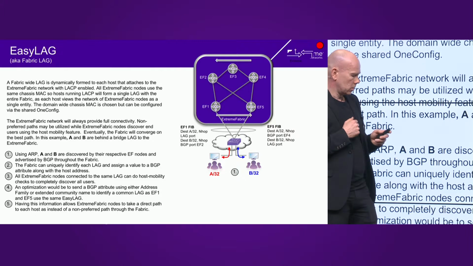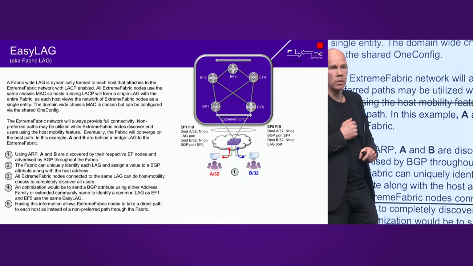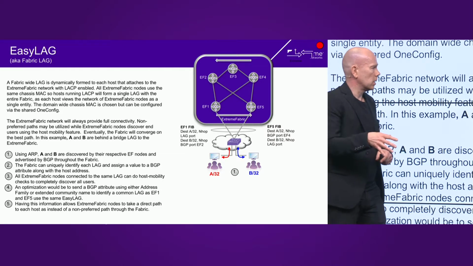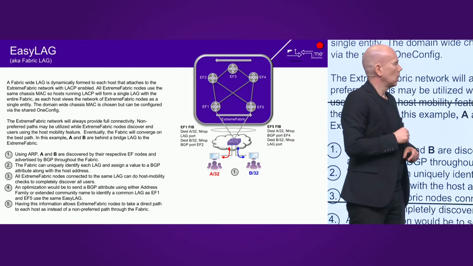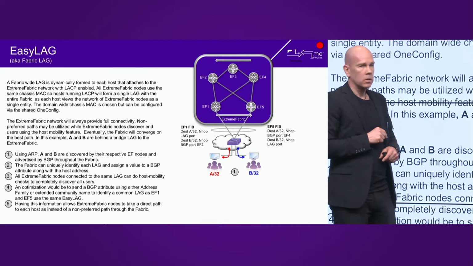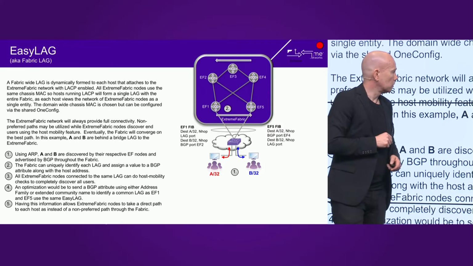So eventually, you are going to be running EF1, EF2, EF5 from a BGP point of view. Then on EF5, you basically have the same thing, right? You have your destination A, next hop is the BGP port of EF4. And then destination B, the next hop is the LAG port. All right?